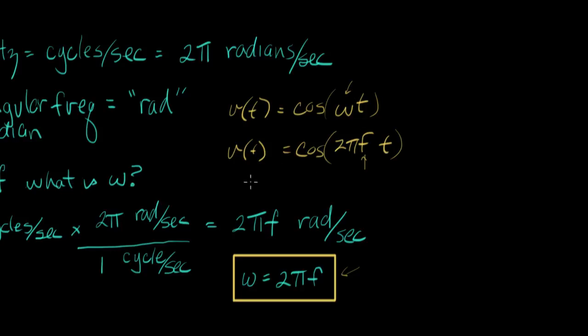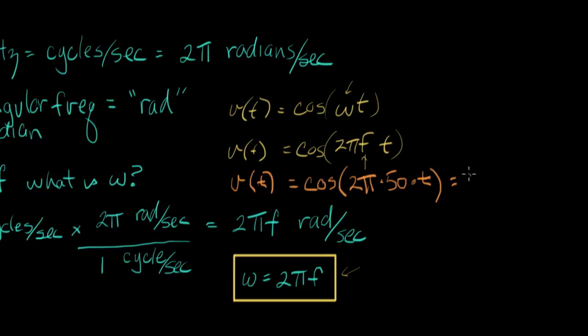So if we take the example from earlier in the video, we had a signal that was 50 hertz, or 50 cycles per second. We would write V of t equals cosine 2 pi F, where F is 50, times t.